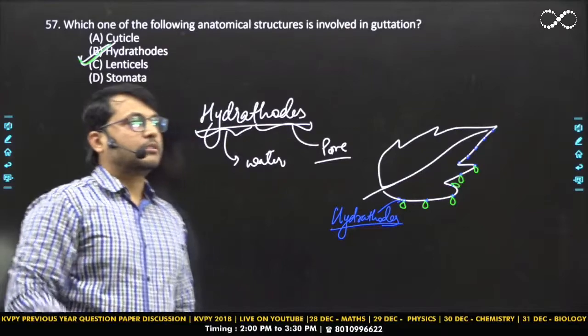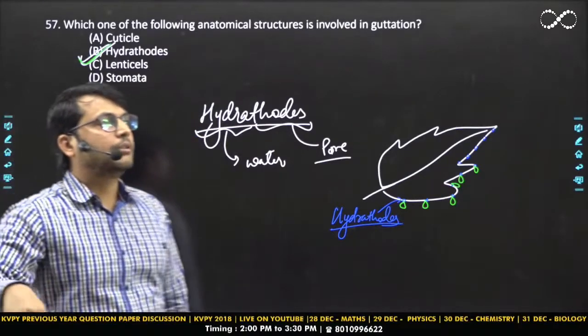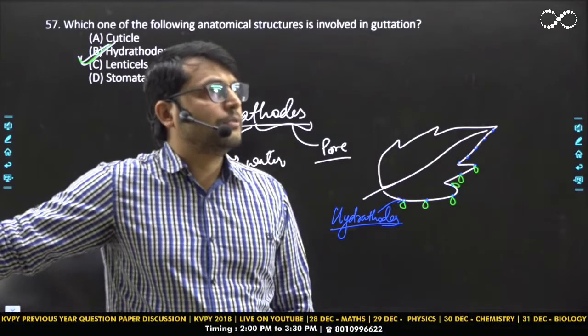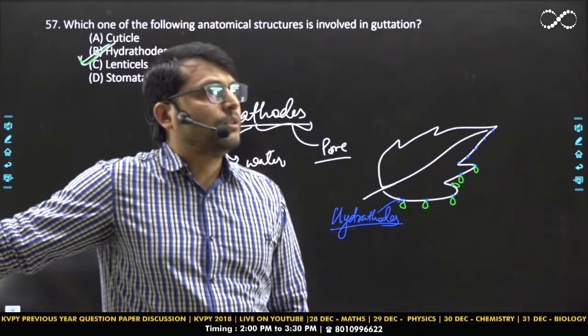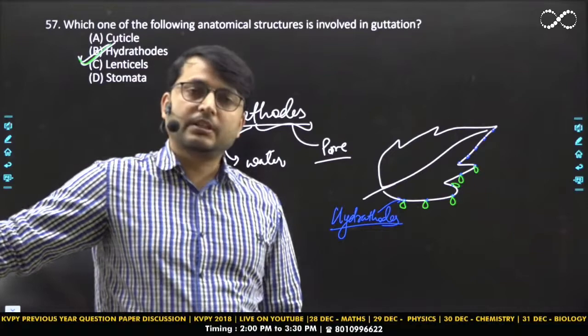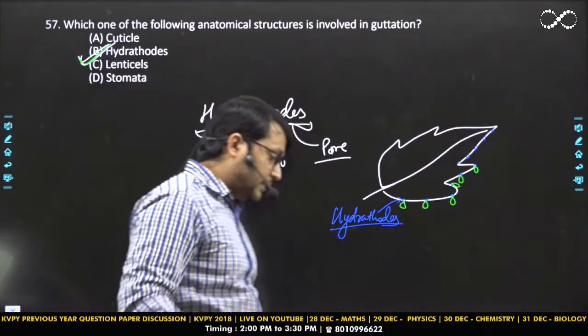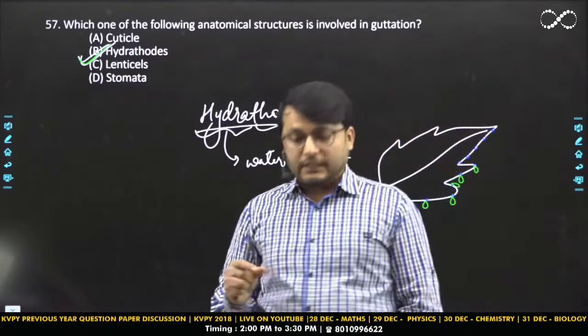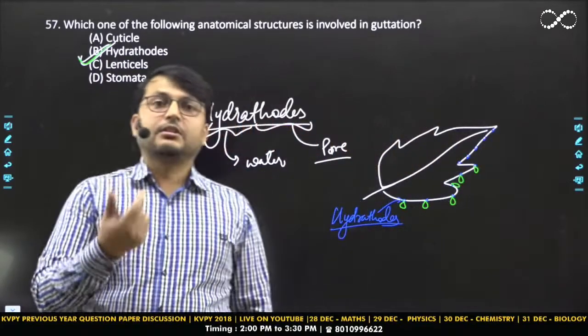Well done. So let's move. Okay, Akhil is saying guttation, loss of water from leaves in the form of droplets when transpiration is less than root pressure. Yeah, very good, absolutely correct. So guttation occurs because of the difference between the root pressure and the rate of transpiration.